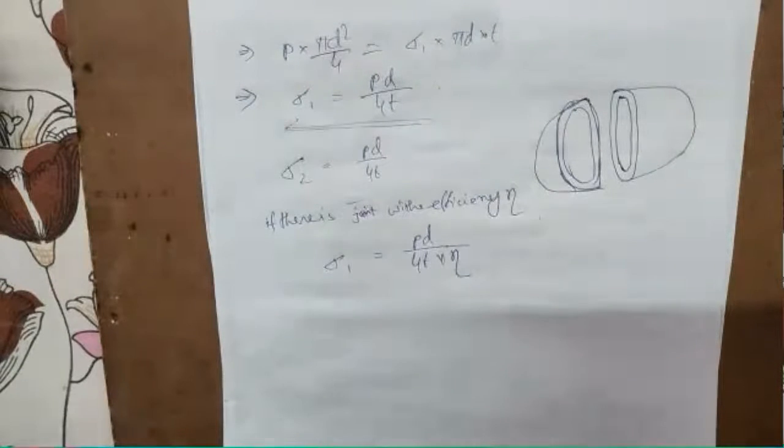So this is how we can find out the hoop stress. In a problem, the eta value will be given, otherwise we have to find it out.